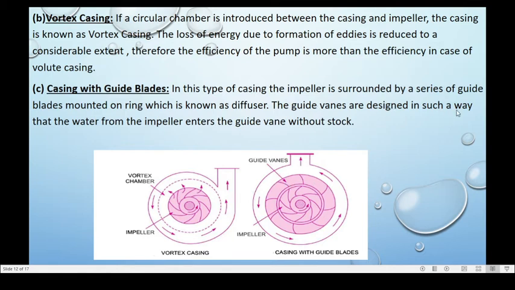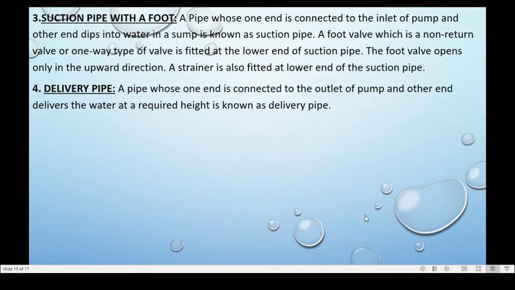The guide vanes are designed in such a way that water from the impeller goes to the guide vanes, and they provide a gradual increase in area for the water flowing from the impeller to the guide vanes.